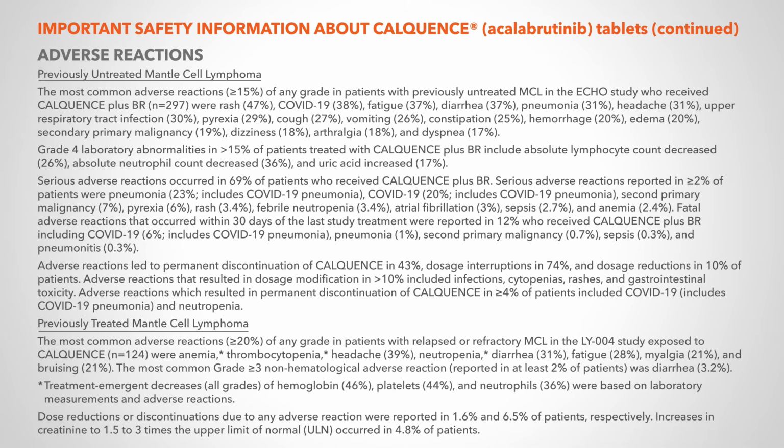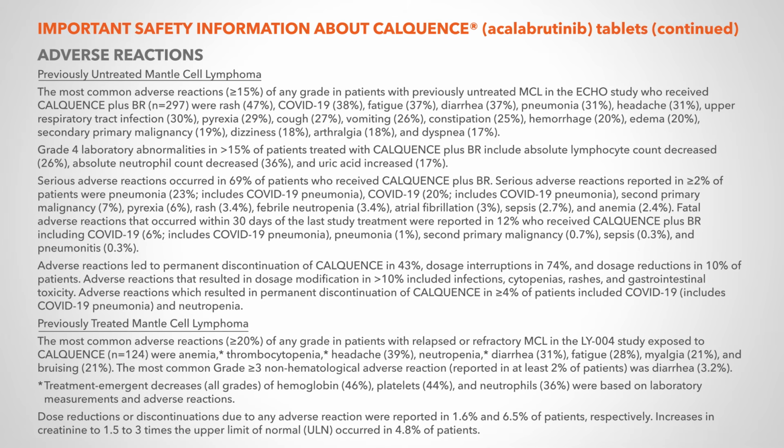Grade 4 laboratory abnormalities in greater than 15% of patients treated with CALQUENCE plus BR include lymphocytes decreased, 26%, absolute neutrophils decreased, 36%, and uric acid increased, 17%.